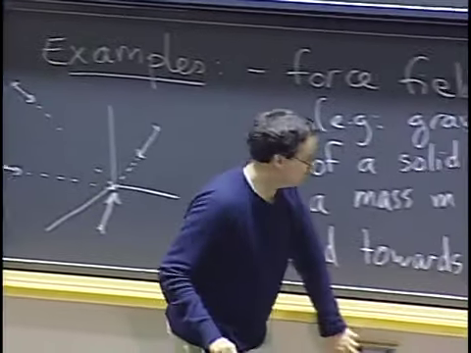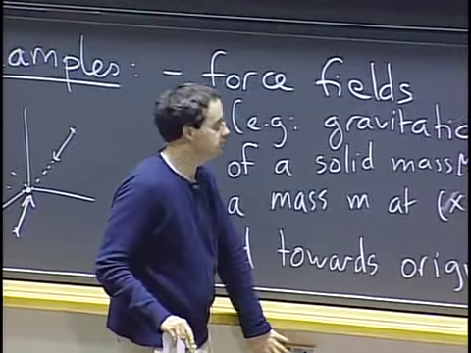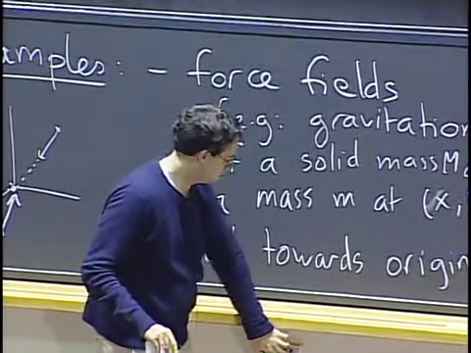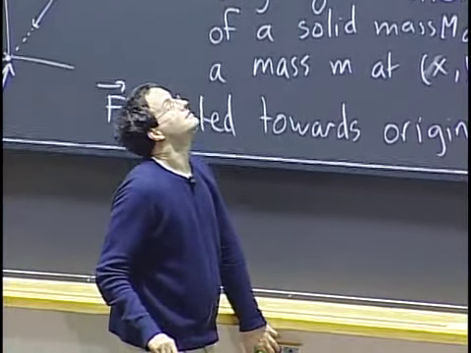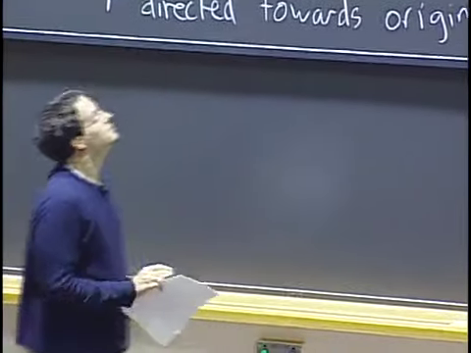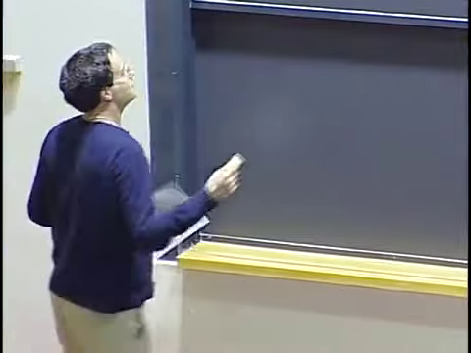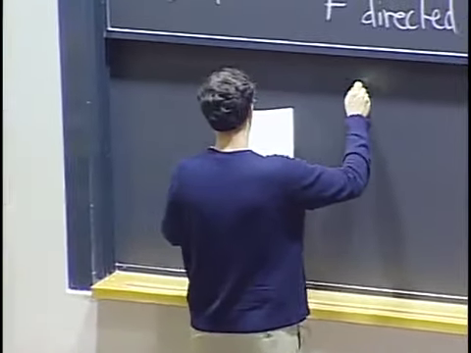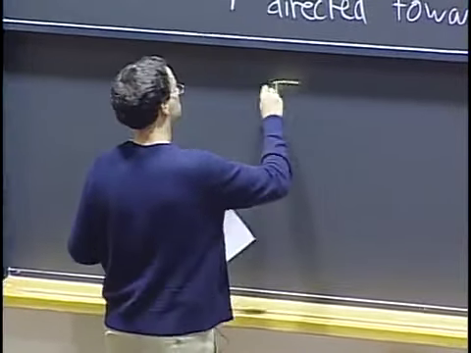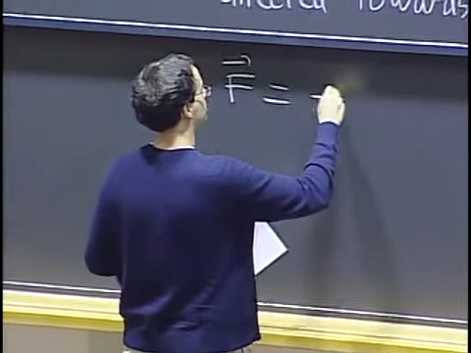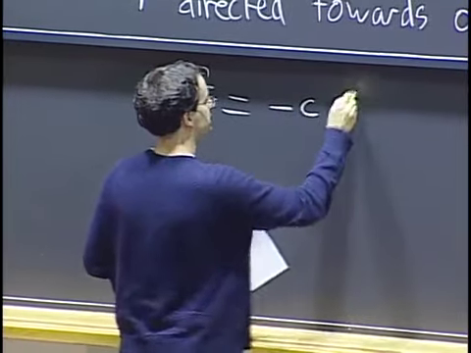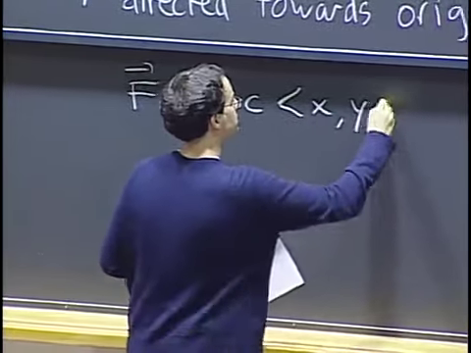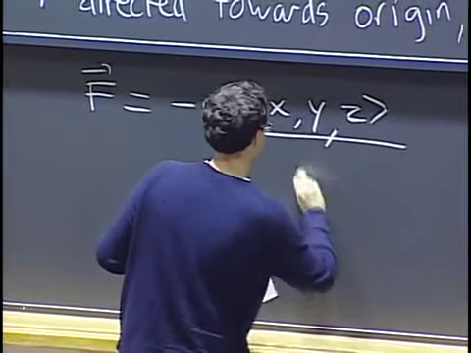Okay, so if I wanted to give a formula for that, the formula might be something of the form minus c times xyz over rho cubed.